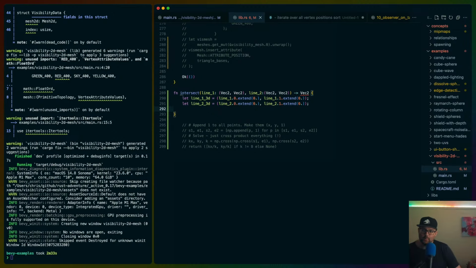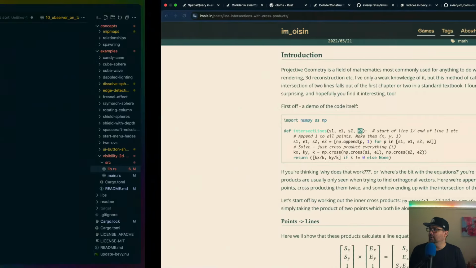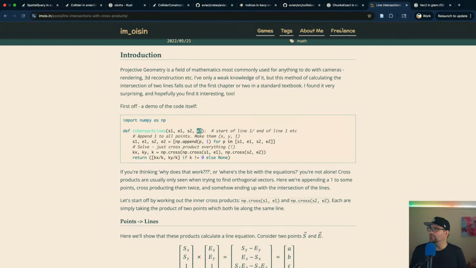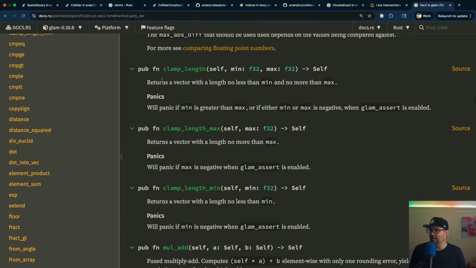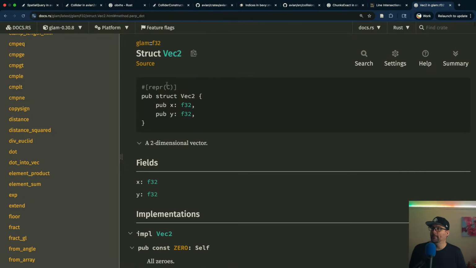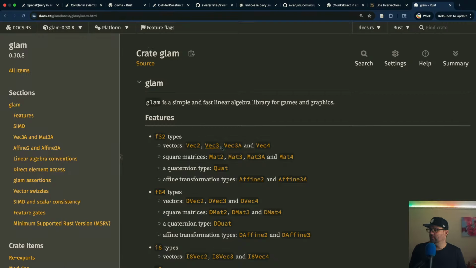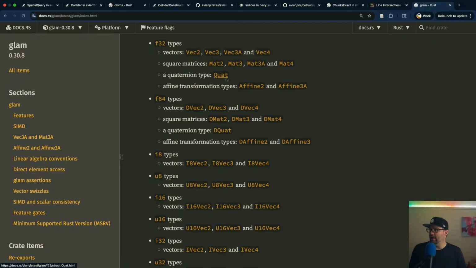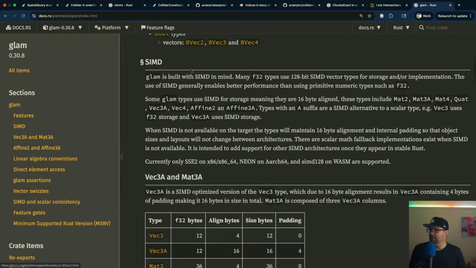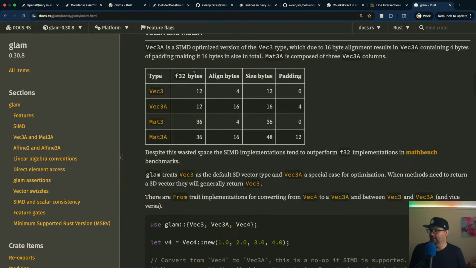So we end up with line 1 3D and line 2 3D. So we have start and end. We could also make our own. Wait, Glam doesn't have anything for this, right? Just before I get too far into this. Affine, quat, mat, vec. Nope. Basics only.